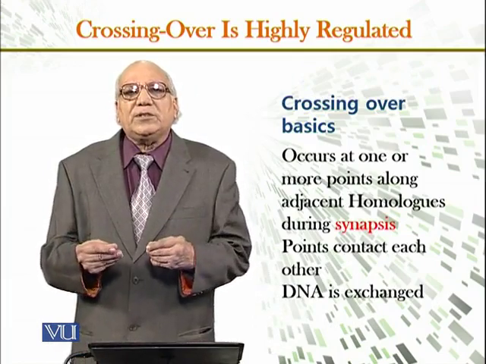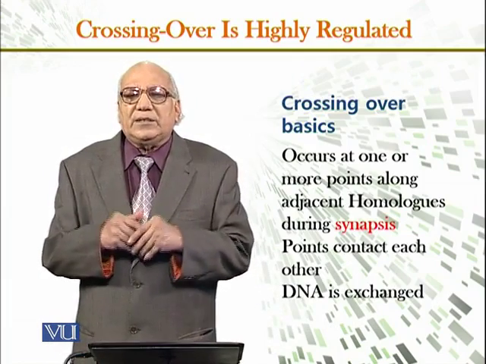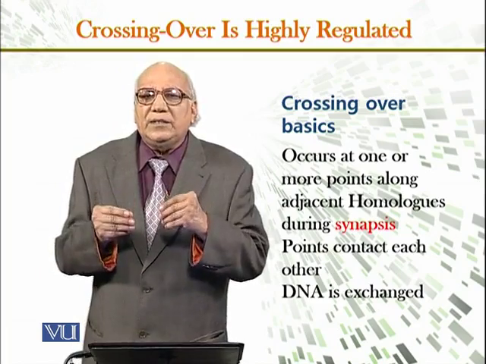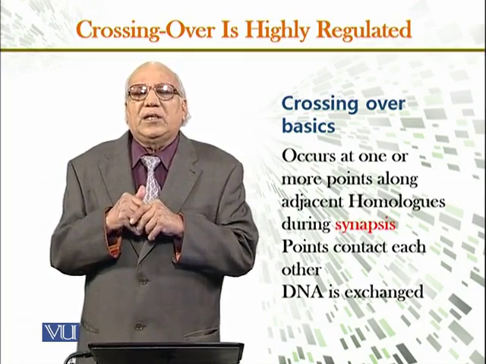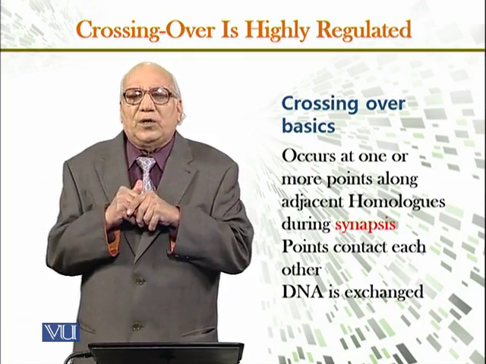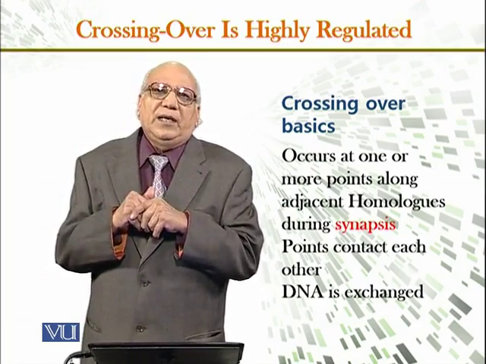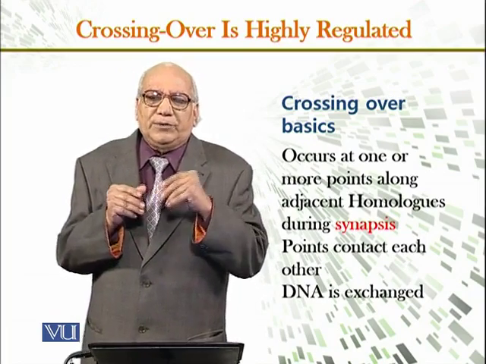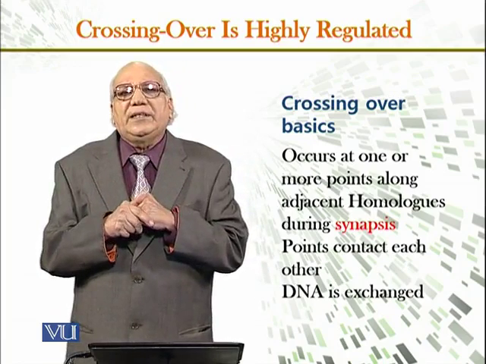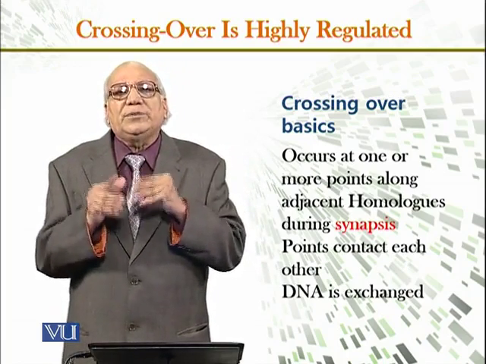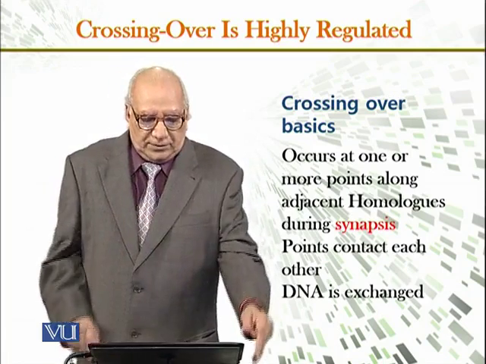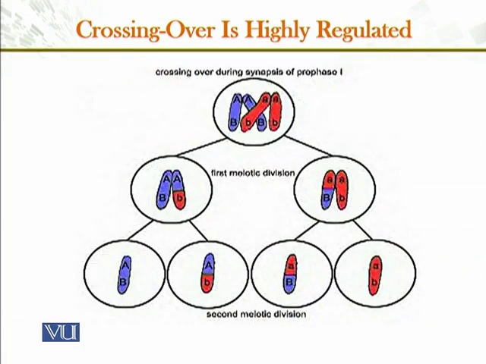The basic of crossing over is that crossing over occurs at one or more points along adjacent homologs during synapsis. And at the points of contact between each other, the DNA is exchanged from these chromatids, as we saw in the previous picture. Now, in this case, we can see how these chromosomes are joined together, they cross together.